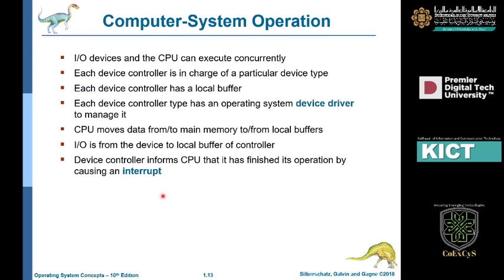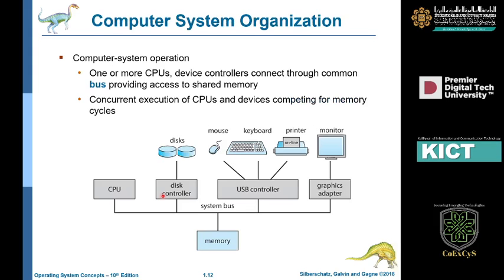I/O is from the device to the local buffer of the controller, and the device controller informs the CPU that it has finished its operation by causing an interrupt. So when it's time for the CPU to get the data, the disk controller will inform the CPU via an interrupt, for example.